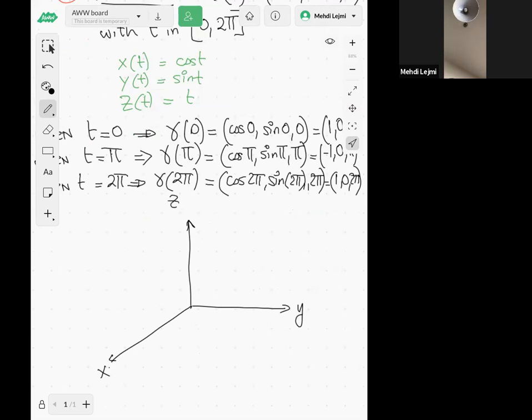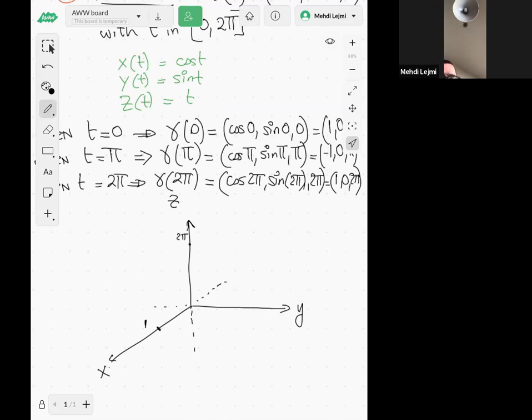Let's say here's 1, somewhere here, pi, and the last point, I'm going to need 2 pi, probably somewhere here.